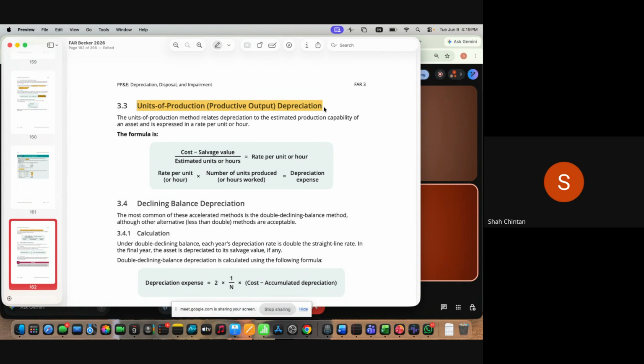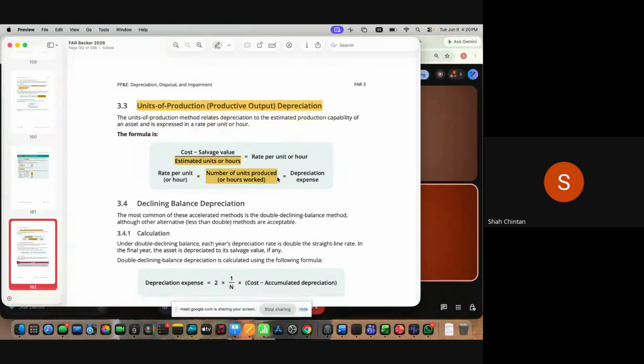So what does the formula say? The formula says again cost minus salvage divided by your useful usage of the fixed asset. So it can be estimated output, estimated hours, or estimated kilometers, how far your taxi will run. So you will get rate per unit, rate per hour, or rate per kilometer. And then based on the actual usage, you will calculate a depreciation.